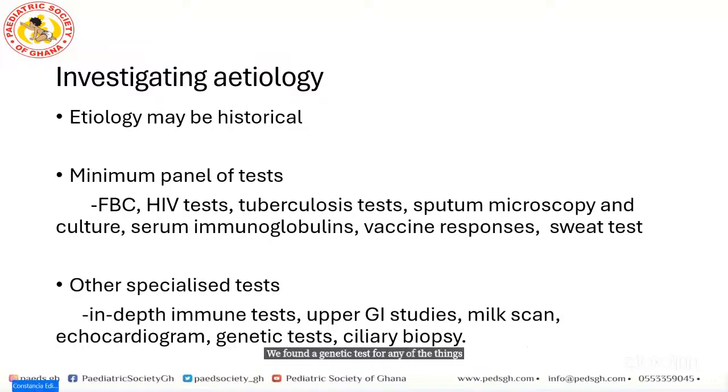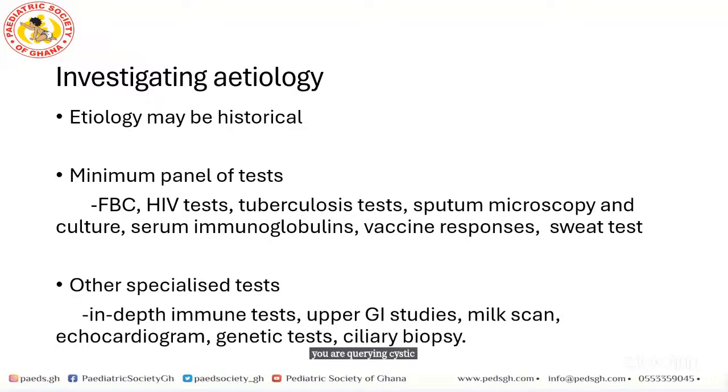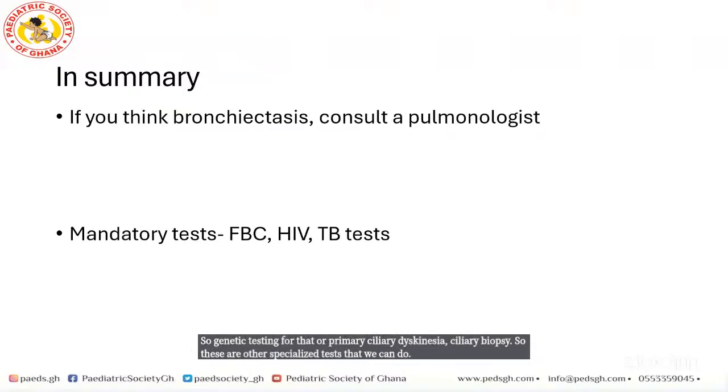It could be primary immunodeficiency, and that's where you need to do a genetic test, or it can be that you are querying cystic fibrosis. It is rare, but it is there. It is really, really there. We are the ones not thinking about it. So genetic testing for that, or primary ciliary dyskinesia, ciliary biopsy. So these are other specialized tests that we can do.